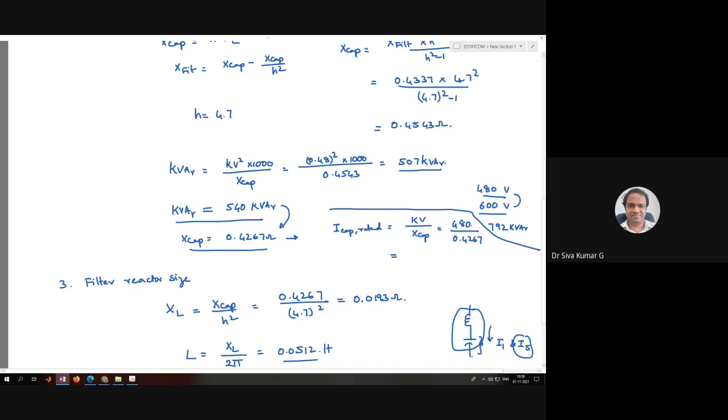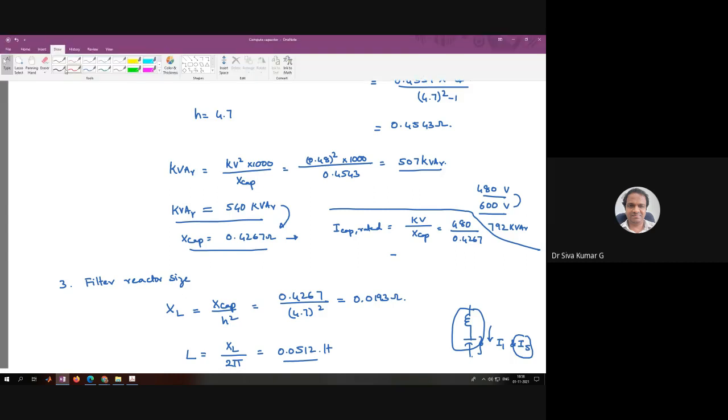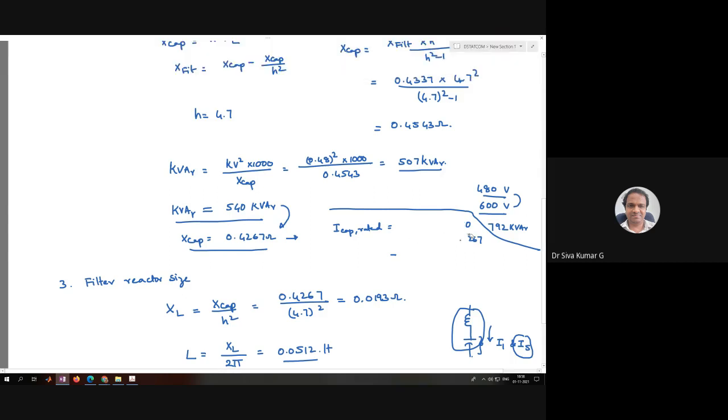our 480 by root 3, we need to do it, right? 480 by, just a minute. You can do it the other way also. Instead of doing this, we can try to find out the kVAR, right? 540 times the kVAR by root 3 into 480 volts.